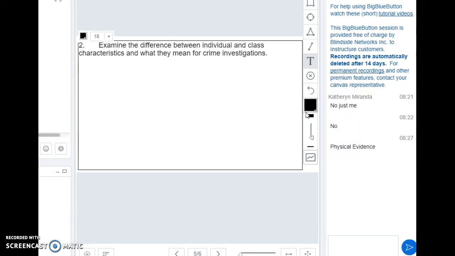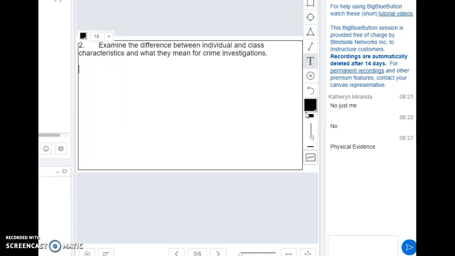All right. Examine the difference between individual and class characteristics and what they mean for crime investigations. Two things here. We need to define individual and class characteristics. We may want to give some examples, and then we need to discuss what's different.